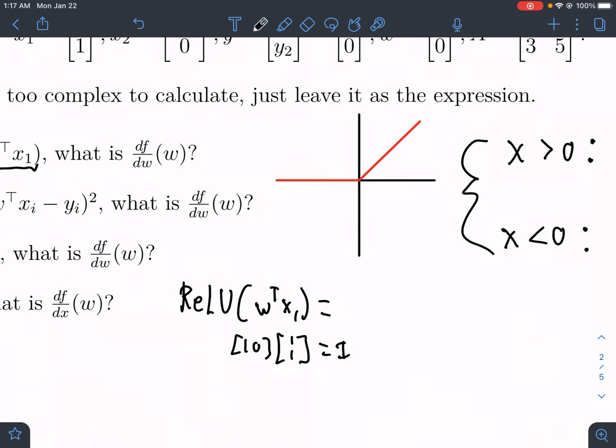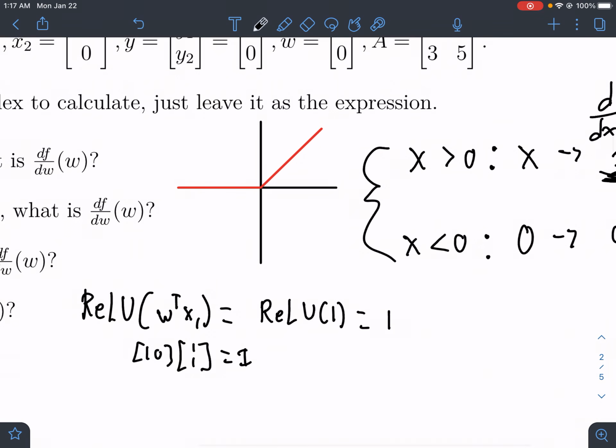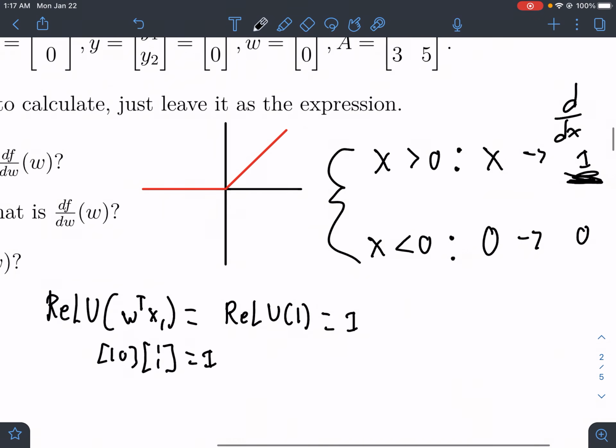That is 1. So that's ReLU of 1, and that is 1. So we know that we're roughly around here, so the slope, or the derivative, is 1.